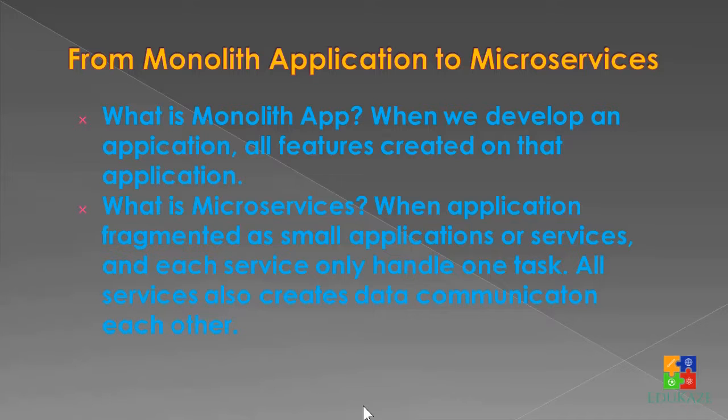The main differences between monolith applications and microservices are: in a monolith application, all application features are in one application only. In microservices applications, application features are broken down into separate small applications, and each application is linked by communication in various ways. Can be through databases, with network services, etc.